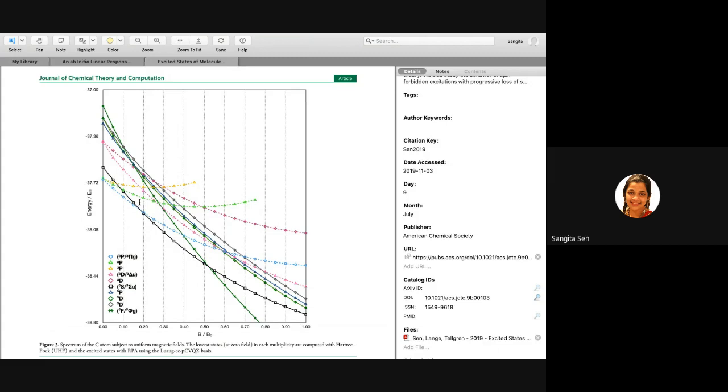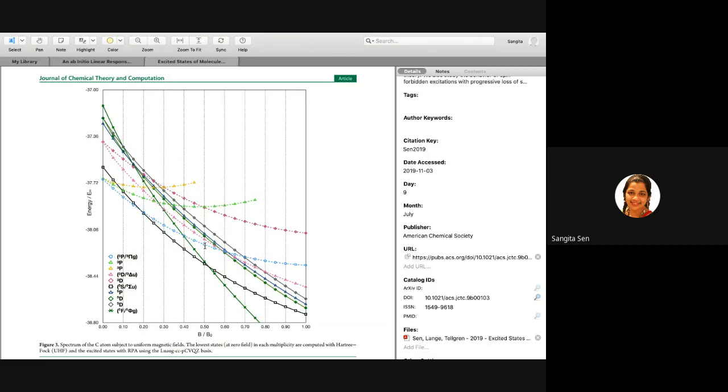At one point, around 0.2 atomic units of field, it even crosses the original zero field ground state. So at field strengths of 0.2 to about 0.5, the quintet S state becomes the ground state. So magnetic fields can also change the ground state of the system.